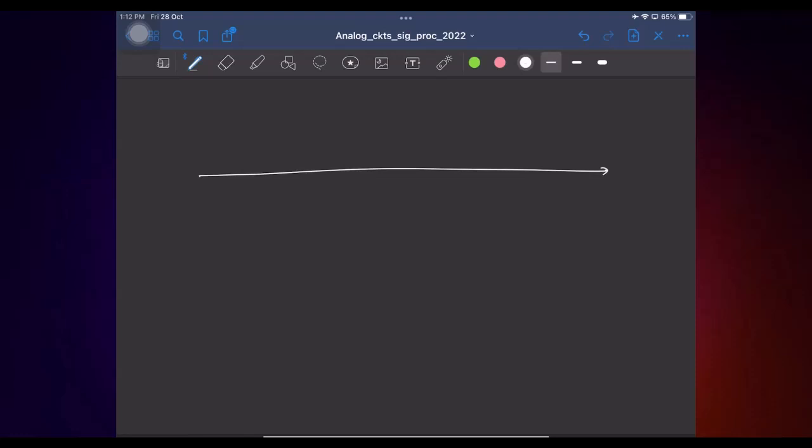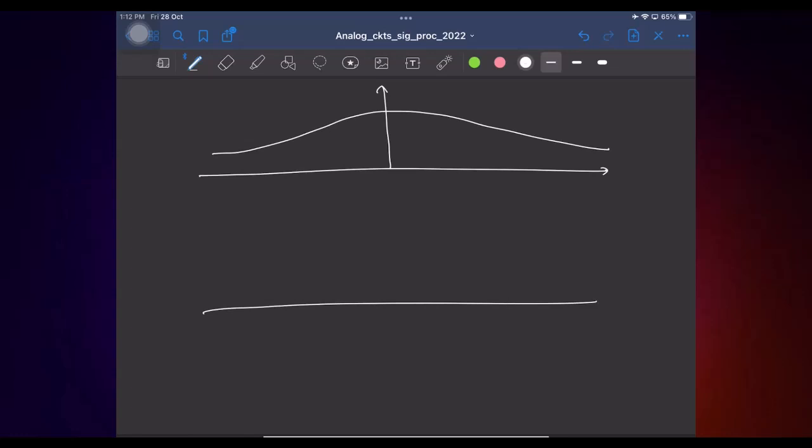Say you have something like this, and let us say this is minus fs/2 and fs/2. For the continuous time signal, the area under this entire graph was the mean square value. Now for the sampled signal, the spectrum spans only from minus fs/2 to plus fs/2.